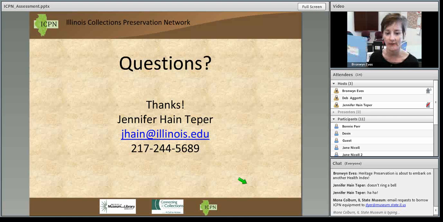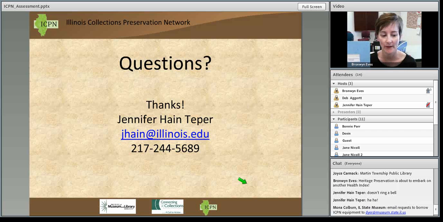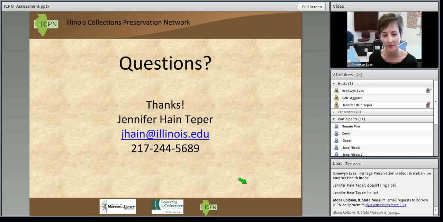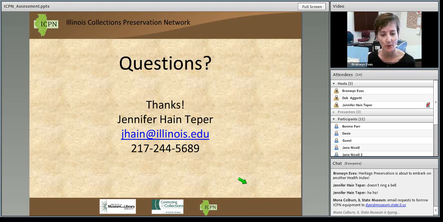You'll receive a booklet along with the items you borrowed. It will have a user agreement, which you will sign and return to the Illinois State Museum. It also has some supporting documents and information about how to use the tools and what information you might be able to glean from them.